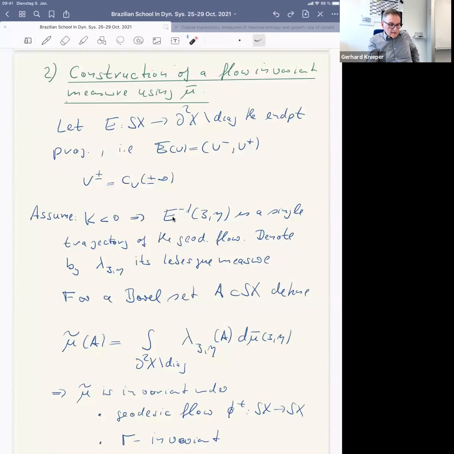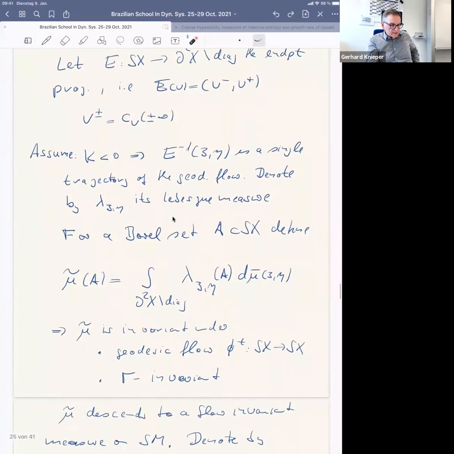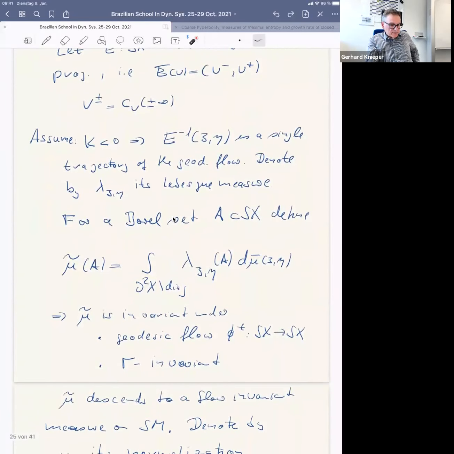And now having this geodesic, you use a Lebesgue measure on this geodesic, and you simply define a measure by looking at the following integral.